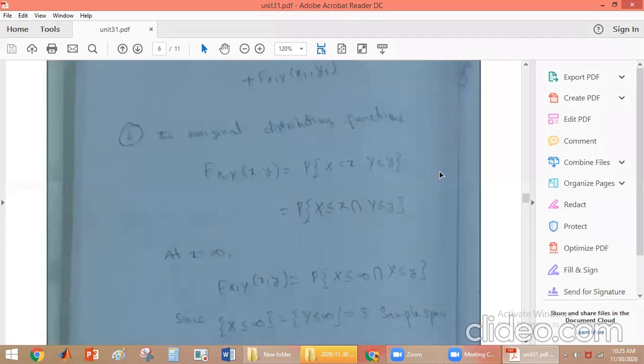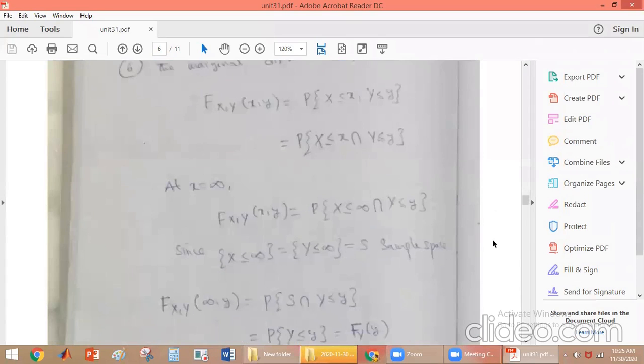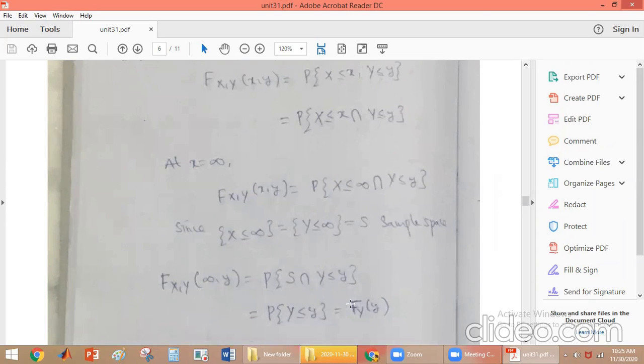Now, for example, if x is equal to infinity, what does that indicate? It is the sample space. So if x is equal to infinity, we write it as probability of x less than or equal to infinity intersection y less than or equal to y. The sample space intersection y less than or equal to y is probability of y less than or equal to y only.